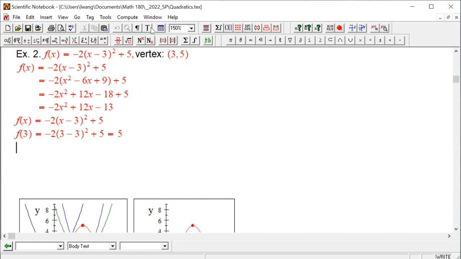Now, if I put any other value in this form, say f of 2, I plug in 2 in the place of x, and the numerical value is 3. You can see 3 is smaller than 5.